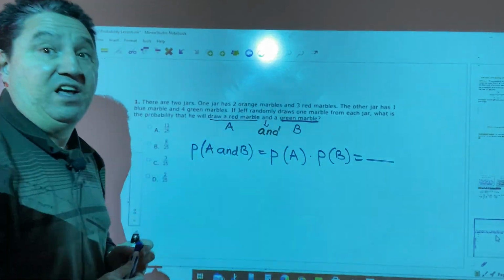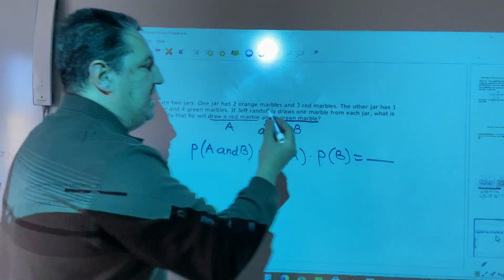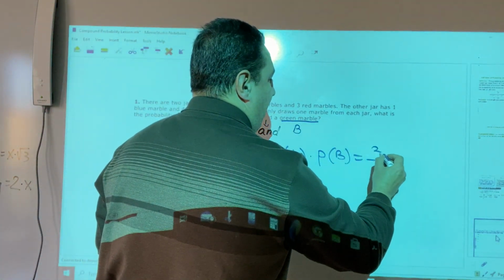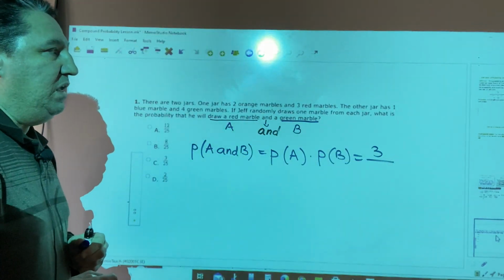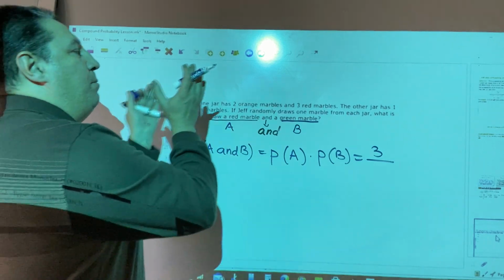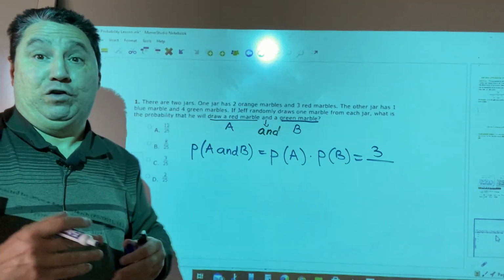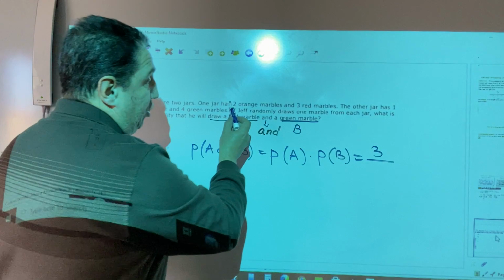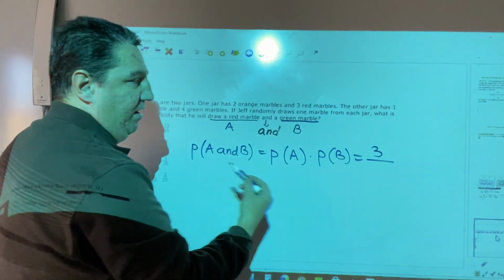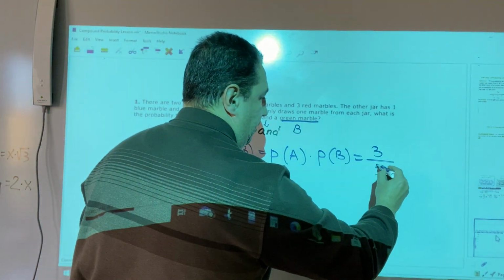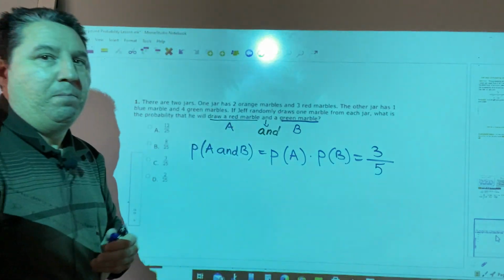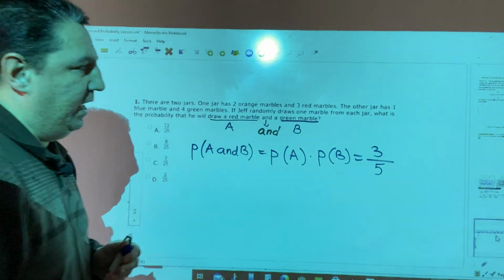Why? Because there are three red marbles. So this number is on top of the fraction. What is the total number of possible outcomes for the first jar? It is 2 plus 3, which is 5. So this is placed in the bottom of the fraction.